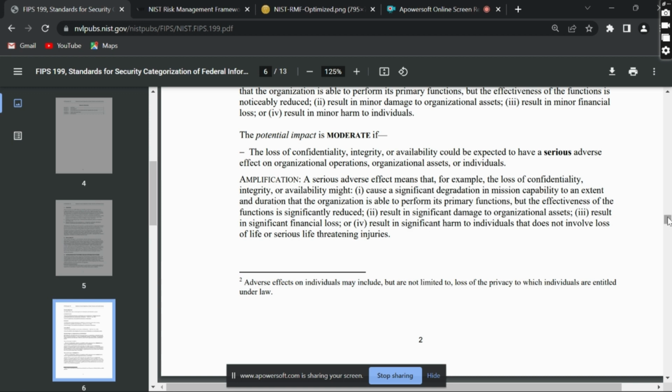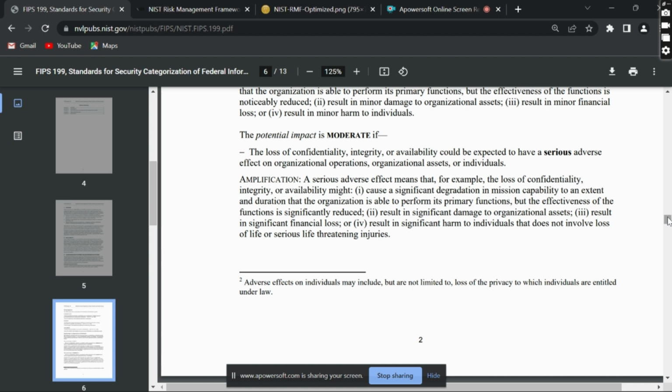A serious adverse effect means that, for example, the loss of confidentiality, integrity, or availability might cause a significant degradation in mission capability to an extent and duration that the organization is able to perform its primary functions, but the effectiveness of the function is significantly reduced, which will result in significant damage to organizational assets, result in significant financial loss.